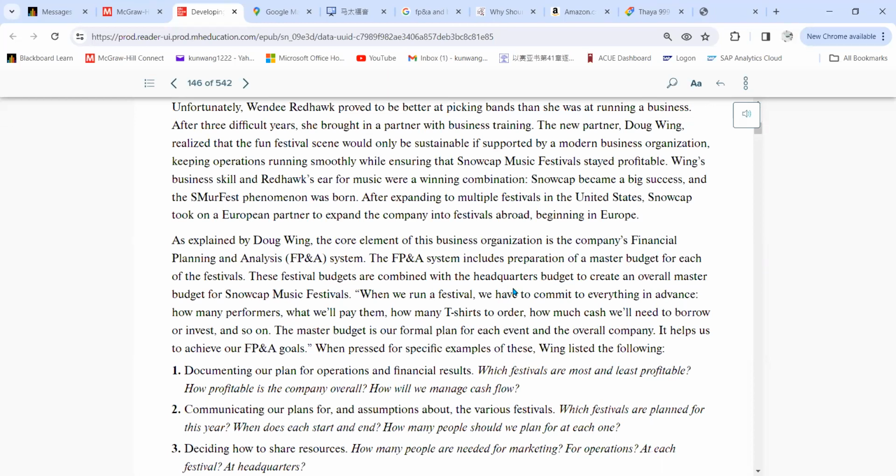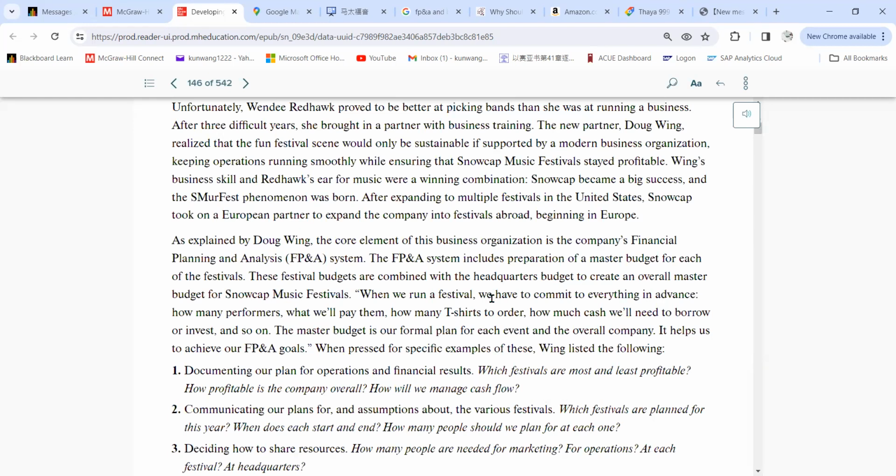After the company invited another partner, the original musical partner for the company, the new partner introduced FP&A to help them organize the business into a formal planning and analysis process.